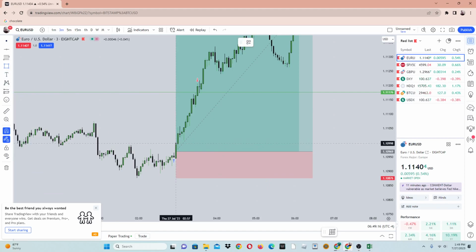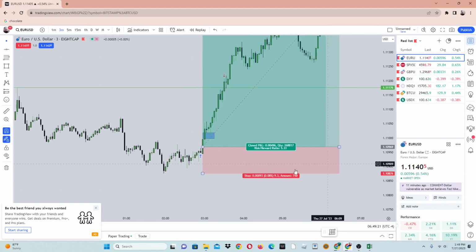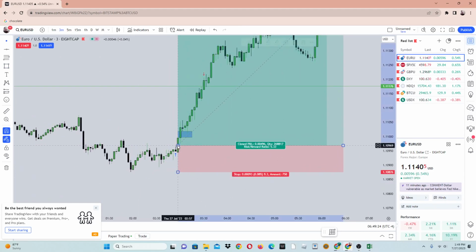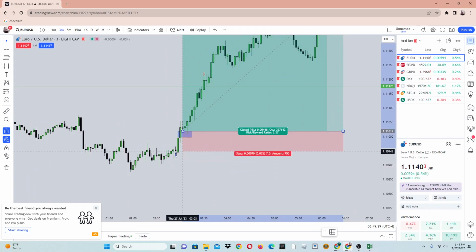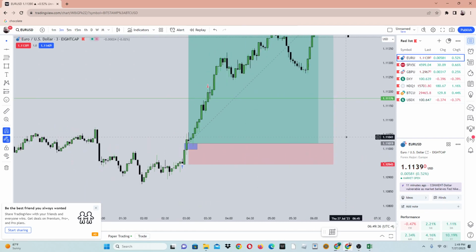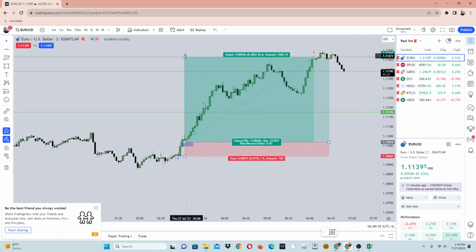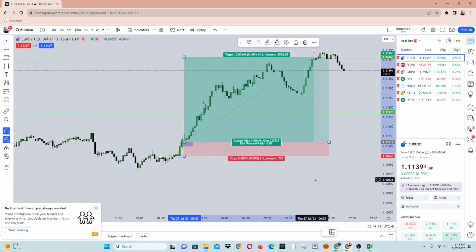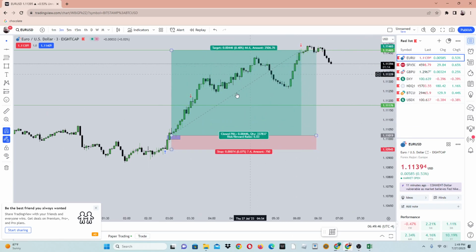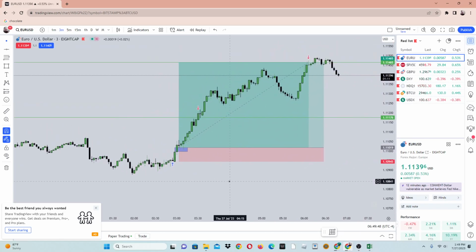So this is the 2022 ICT entry model, where I would have had this entry right here, and my stop loss would be below the candle that created the fair value gap. So this would have been my entry, my first target would have been right here, and my second target would have been right here, where I could have made more money, a higher percentage.